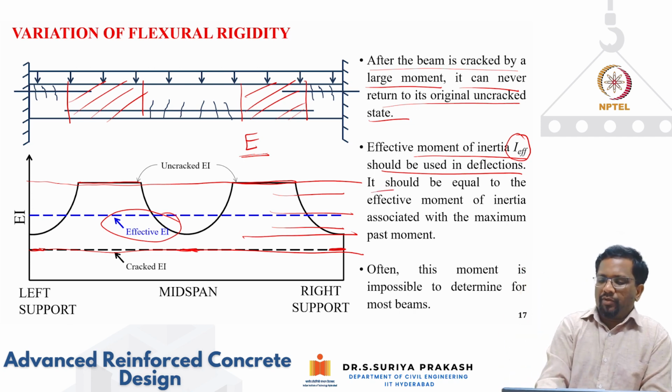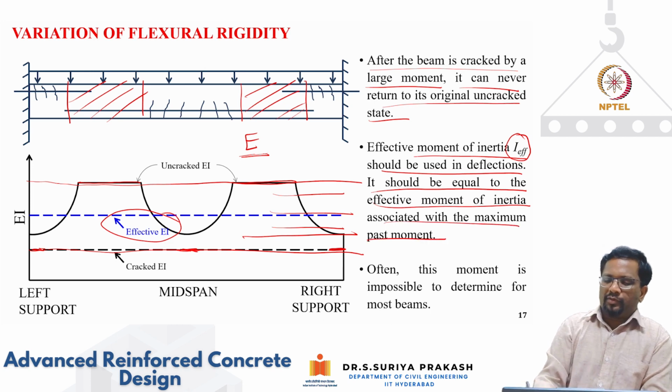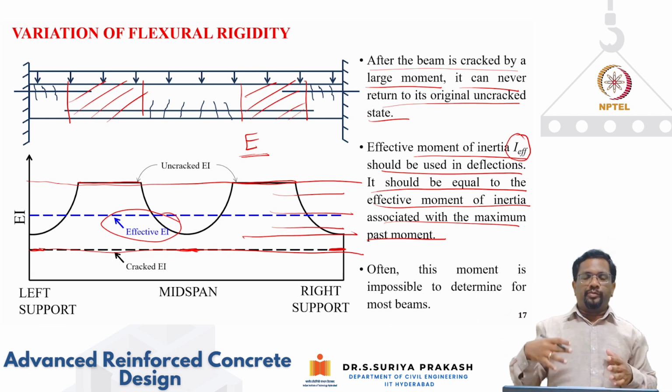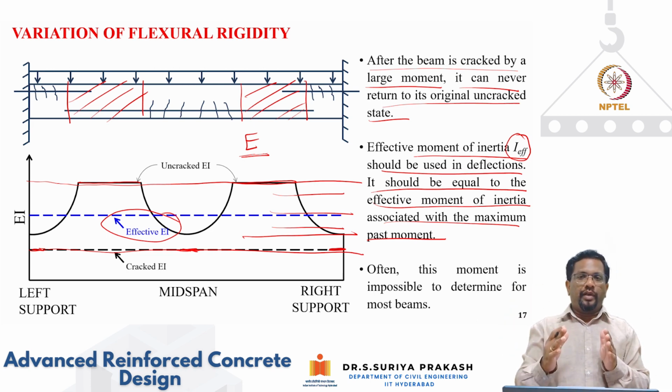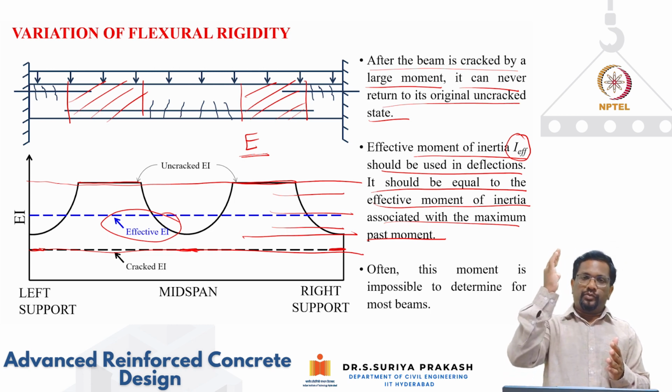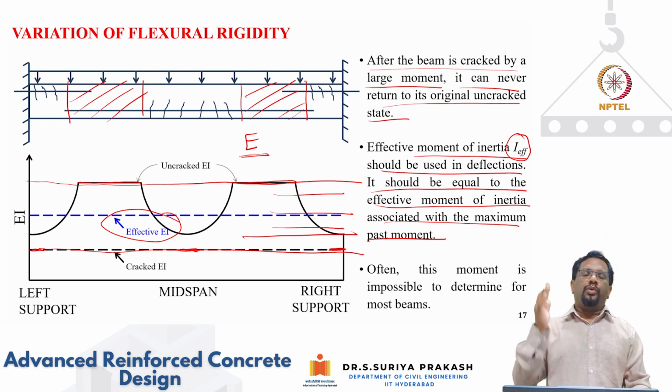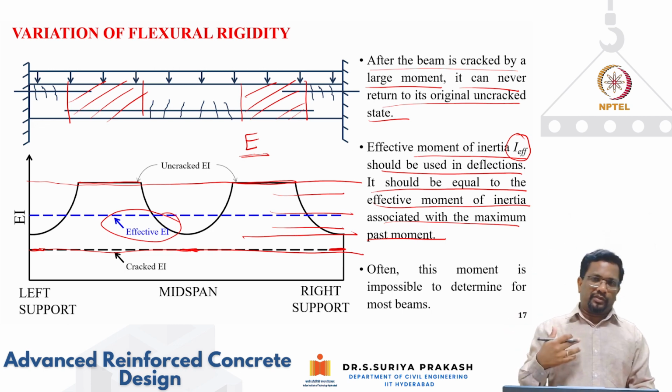It should be equal to the effective moment of inertia associated with the maximum past moment. In other words, the beam might have been subjected to a temporarily very heavy load, which means it might have already cracked. So you have to use the maximum moment or load that the particular beam was previously subjected to.